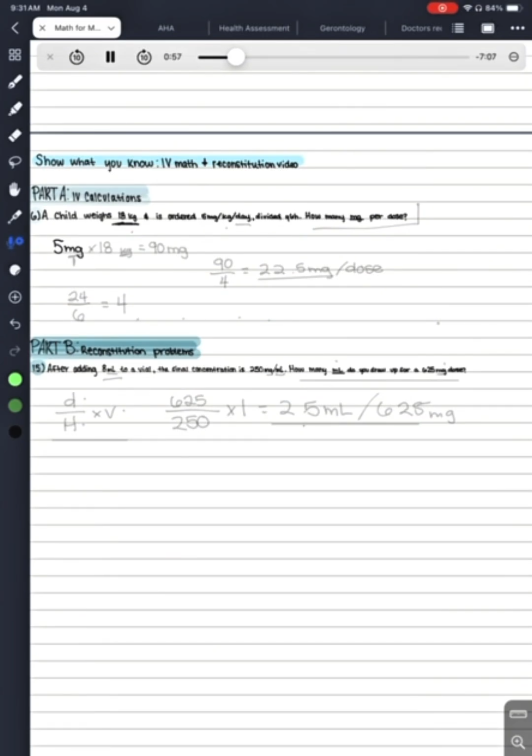If it wasn't in kilograms, you would have to convert it to kilograms, because you can't do pounds when it's ordered in kilograms. So that's something that you would double check, that you've converted it if it needs to be. And then we're going to multiply this by 18, because that's the patient's weight in kilograms.